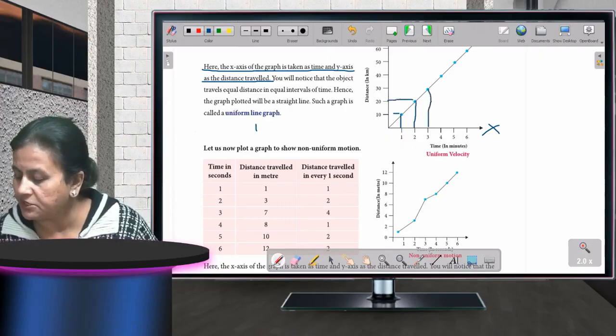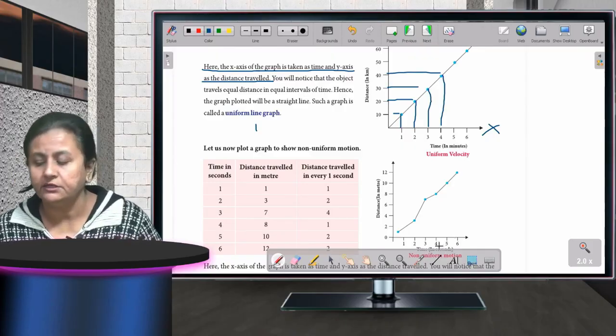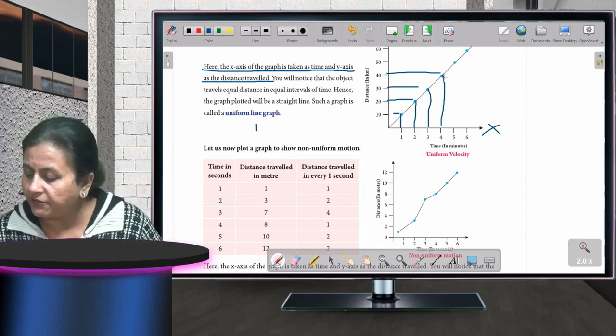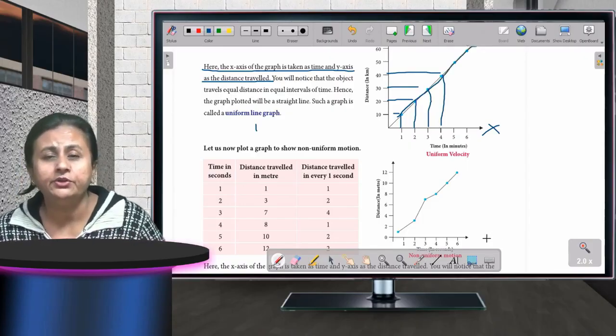In 3 minutes, 30. In 4 minutes, 40. So in every single minute, how much distance is traveled? It's 10 kilometers. Fine, children? So when we plot this graph, the points form a straight line. That means it is a uniform motion.